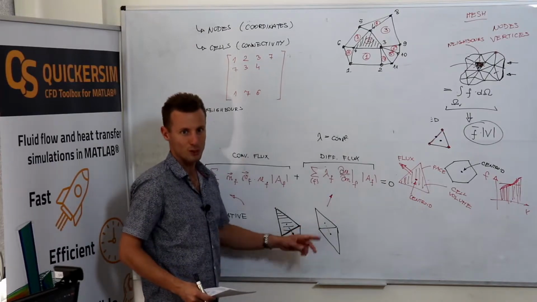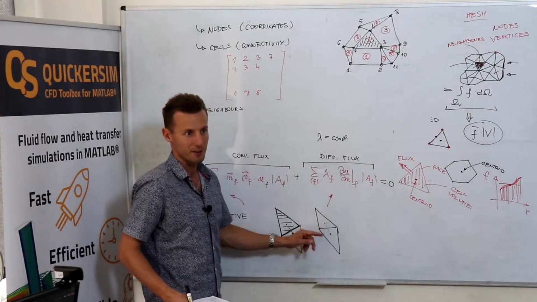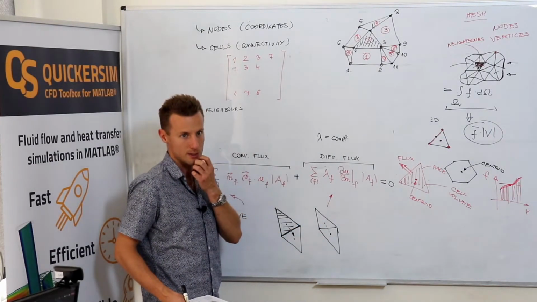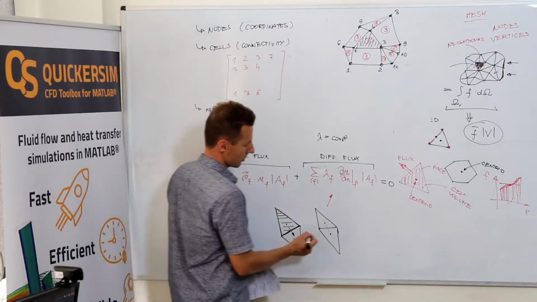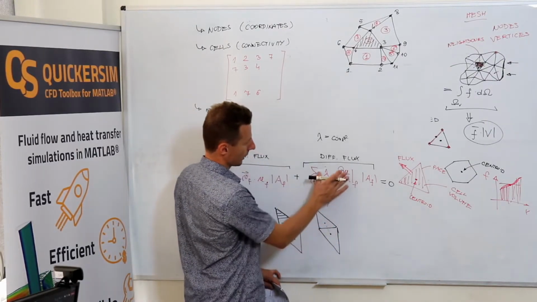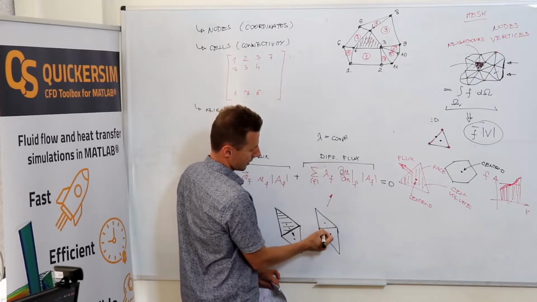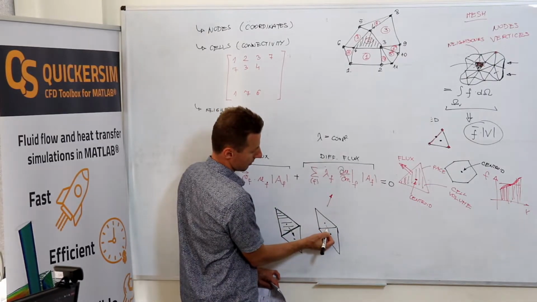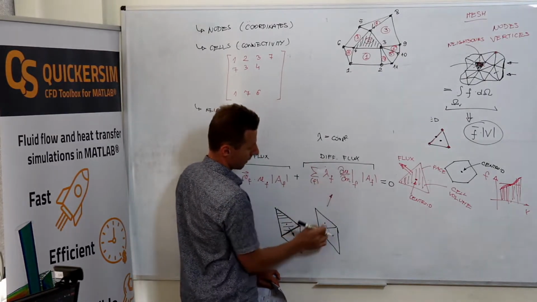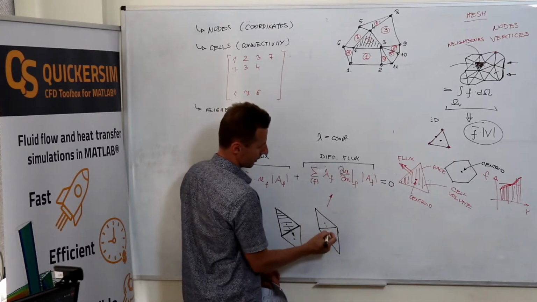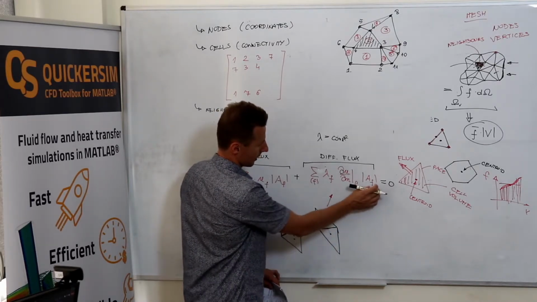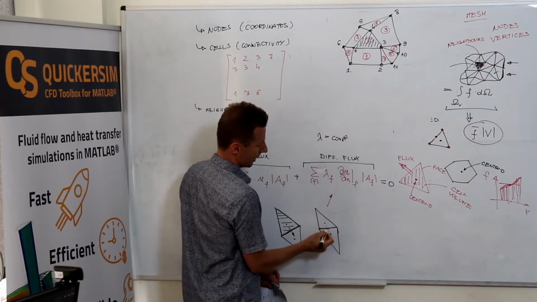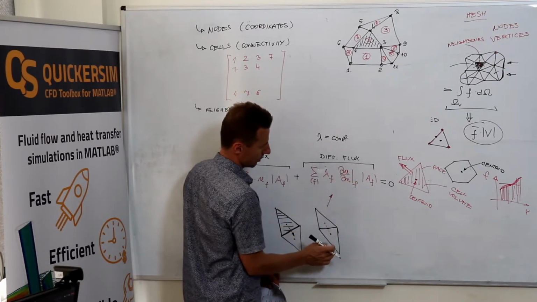And that's why we need to assume that the values are stored at the centroids, because what you need to do here, if you want to calculate the diffusion flux, is calculate what's the lambda at the face. That's something that we know. We know the surface area, but we need to calculate du/dn.